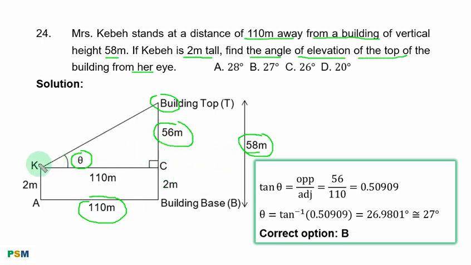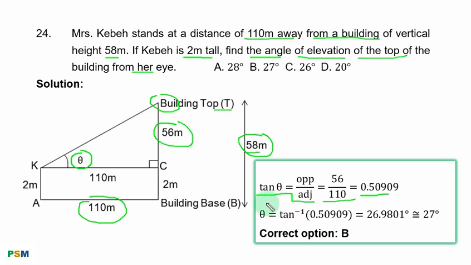In triangle KCB or T, top of the building, we can get theta. This is opposite, adjacent. So tan theta is equal to opposite over adjacent. That is 56 over 110 equal to 0.50909.